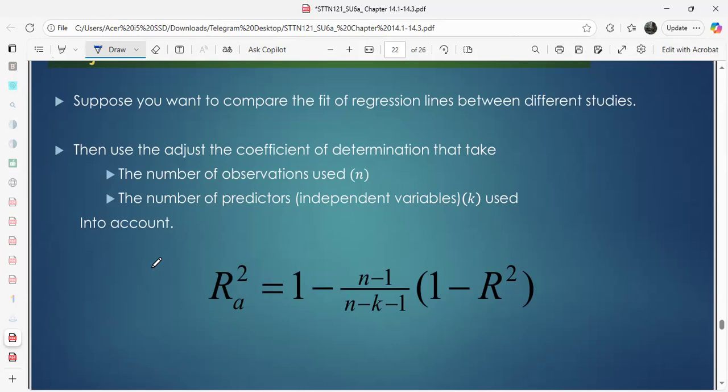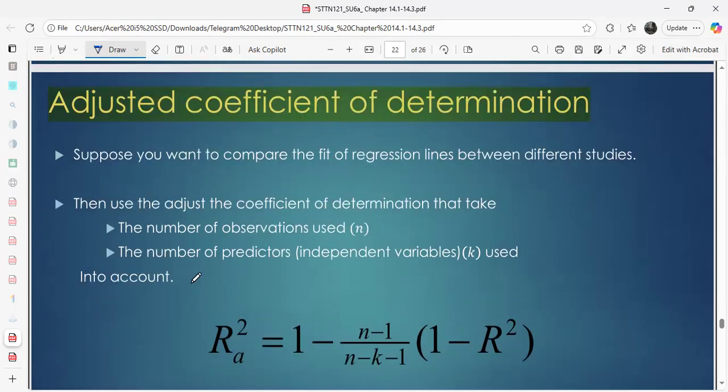This one is also important, the adjusted coefficient of determination. We write it as R squared A, which is 1 minus (n minus 1) divided by (n minus k minus 1), multiplied by (1 minus r squared), where n is the number of observations and r squared is the coefficient of determination.